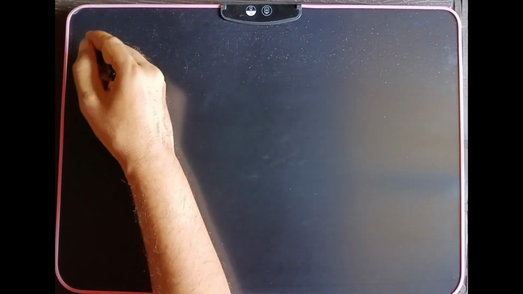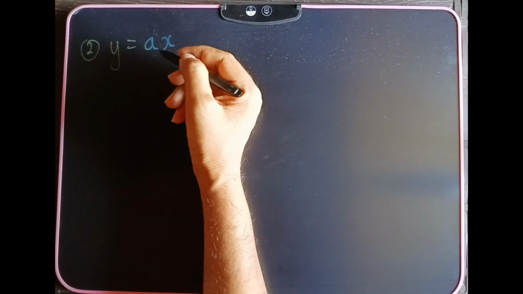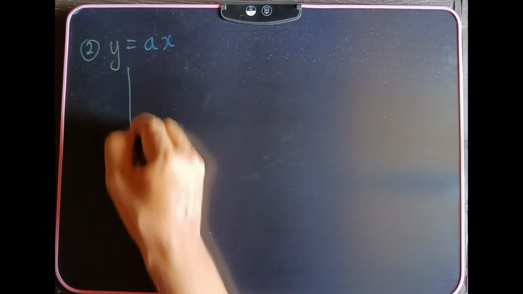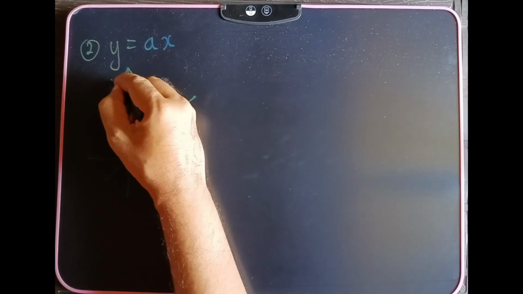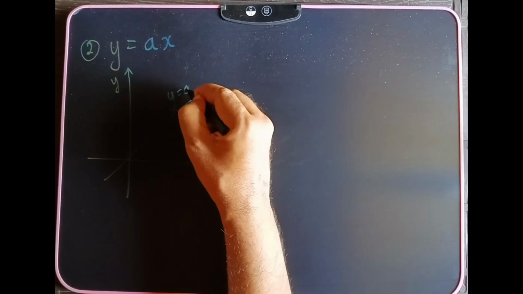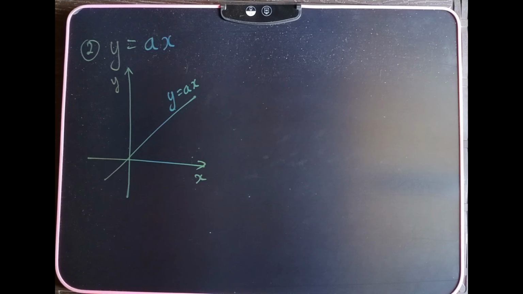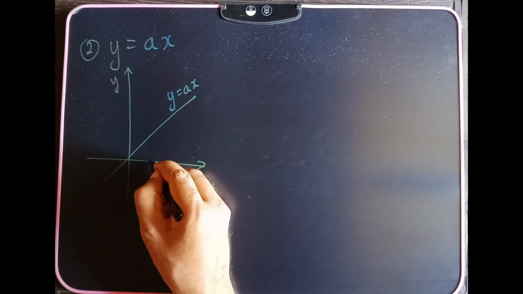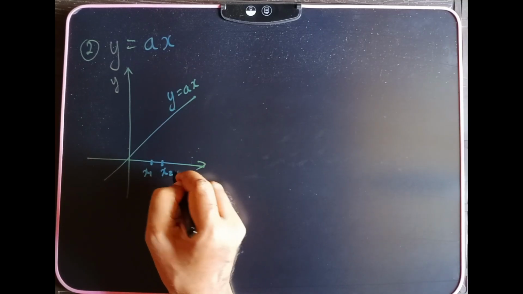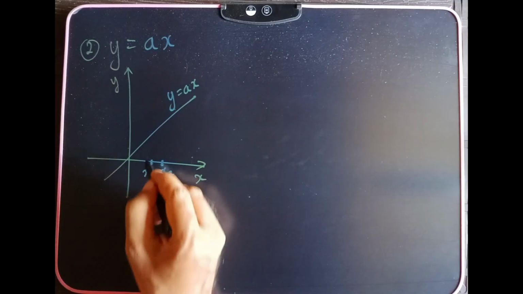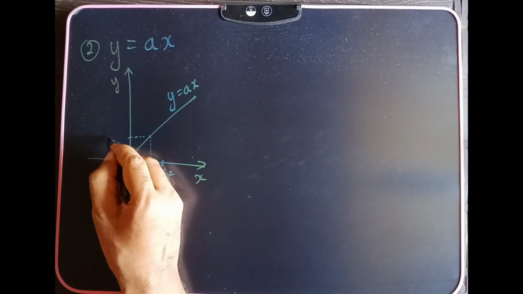Next case. One common case is y is equal to ax. The graph of this particular function would be represented as a straight line. This is the y is equal to ax graph. If I take two points, one here and one here, and say this is x1 and this is x2, then this will be y1.